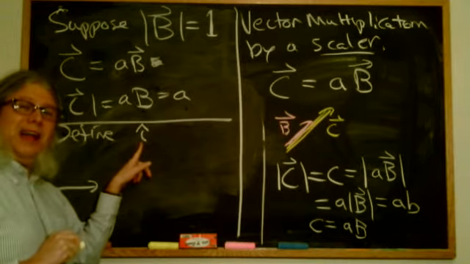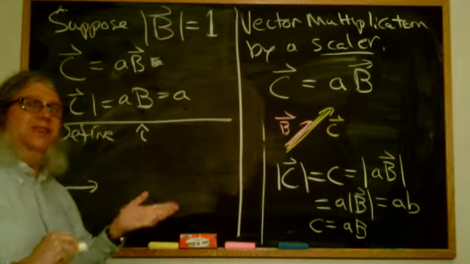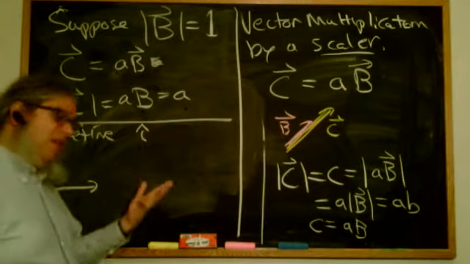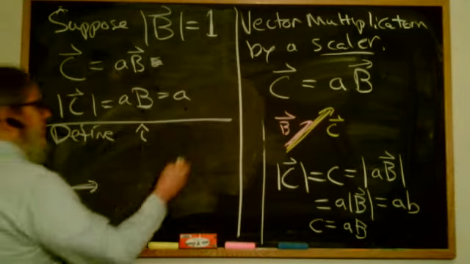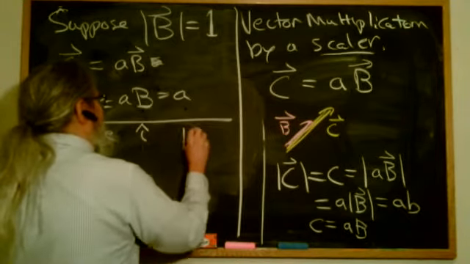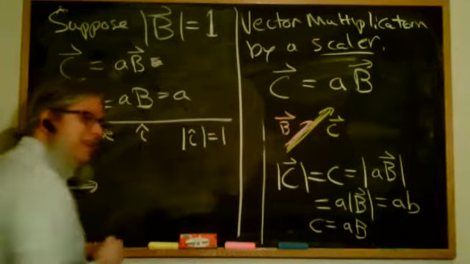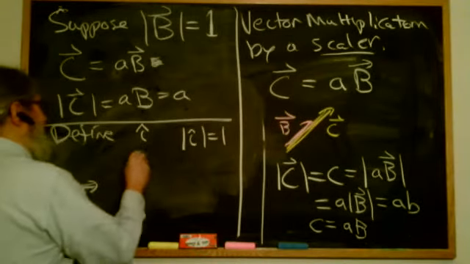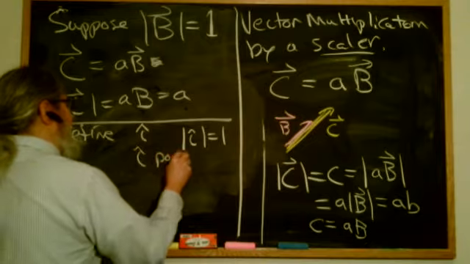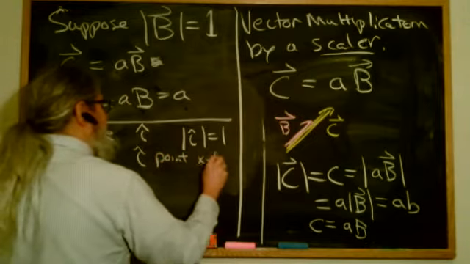Sometimes people call it x hat, but I'm going to just call it i hat so that we don't mix up the unit vectors with the coordinates. And i hat has the following properties. The magnitude of i hat is equal to 1. It is a unit vector. And i hat points in the x direction.